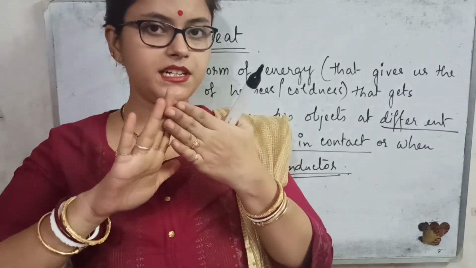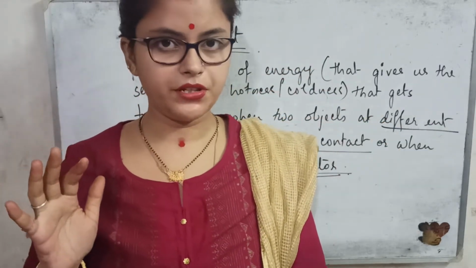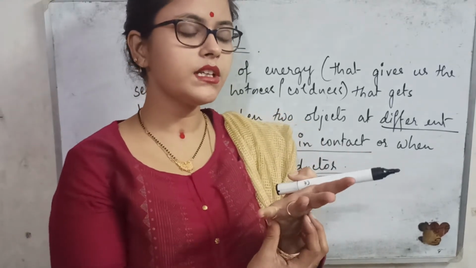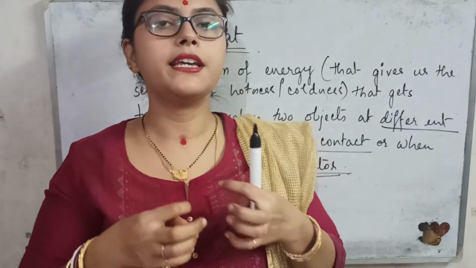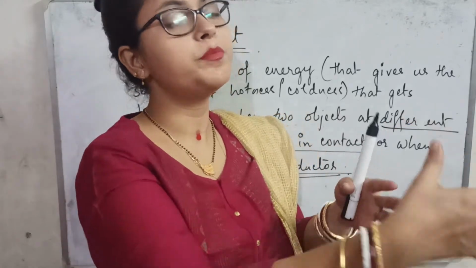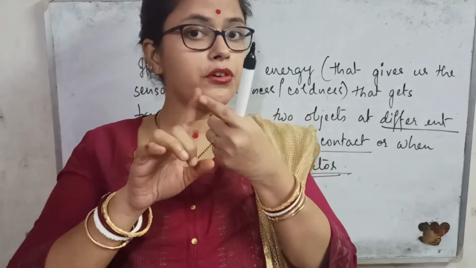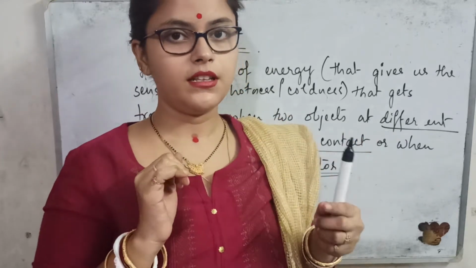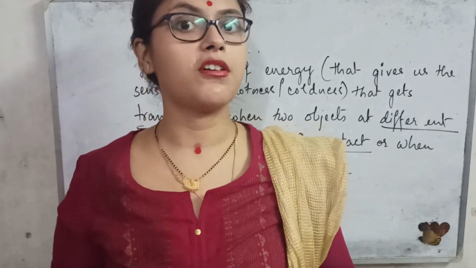So, your body is at a different temperature, the spoon is at a different temperature, and the pan is at a different temperature. When heat is being supplied, the flame is at a different temperature. So, that is why the heat from the flame gets transferred to the pan and then ultimately to the food, because they are placed in contact. Now, that heat gets transferred to your fingers when you touch them through the spoon. That spoon is now acting as the conductor, because the spoon is also kept in contact.